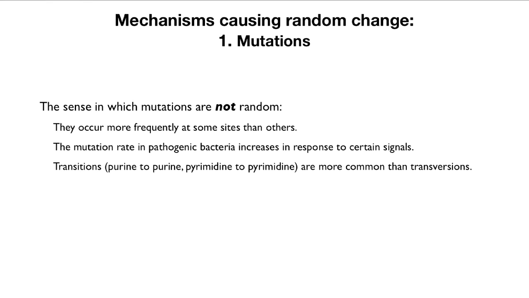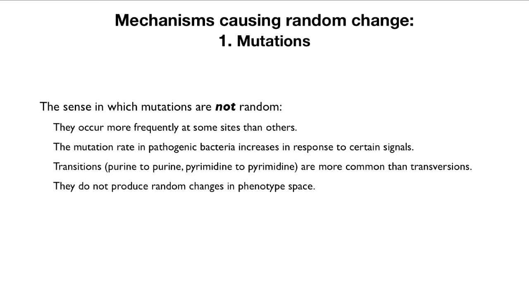Then there are transitions and transversions. So a transition is a purine mutating to a purine, a pyrimidine to a pyrimidine. A transversion is a purine mutating to a pyrimidine, or vice versa. So transitions are more common than transversions.